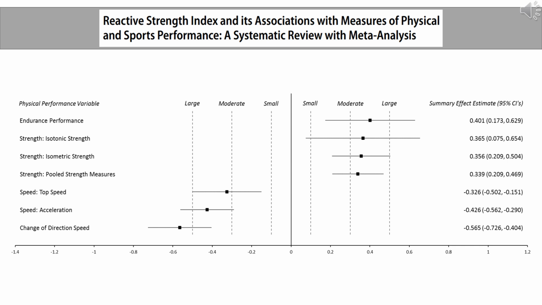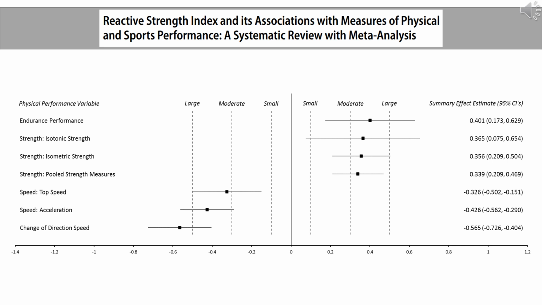So when you run a correlation between a ratio and a singular stable performance metric, it's hard to get a very, very large correlation. So I think practitioners need to be aware that drop jumping as a test or rebound jumping as an assessment method is good, and it's fine because that gives us an understanding of their reactive strength or an athlete's reactive strength. But the reactive strength index as a metric is a ratio.